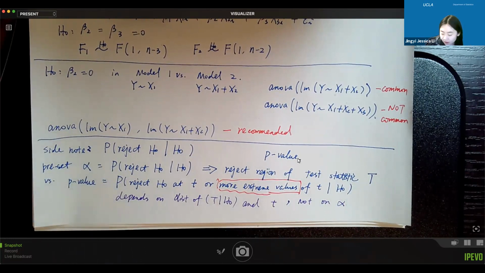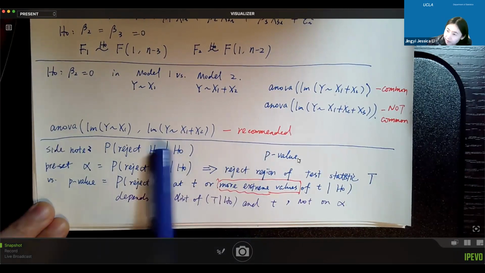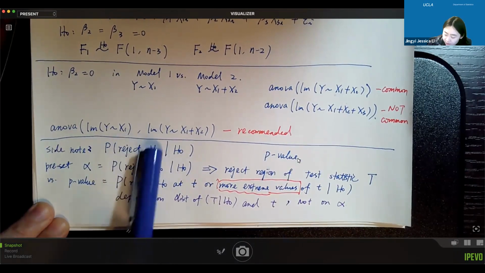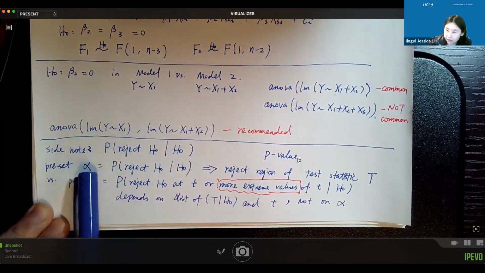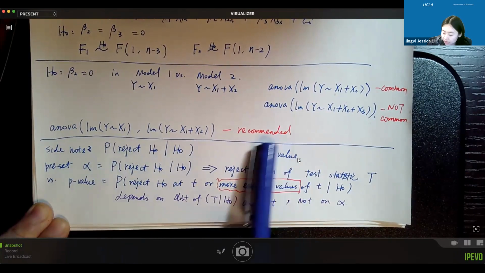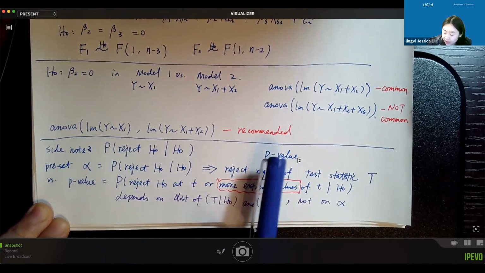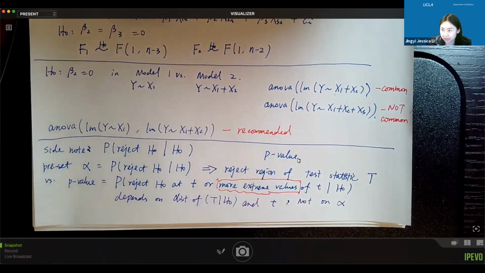So one take-home message I want everyone to know is that these two things are not the same. One is given that you define the rejection region already, you evaluate this probability. That's what you call the significance level. The other is the p-value based on one particular data set.